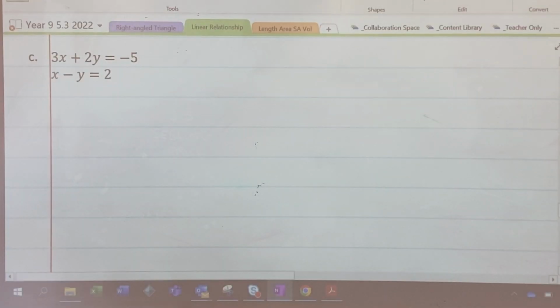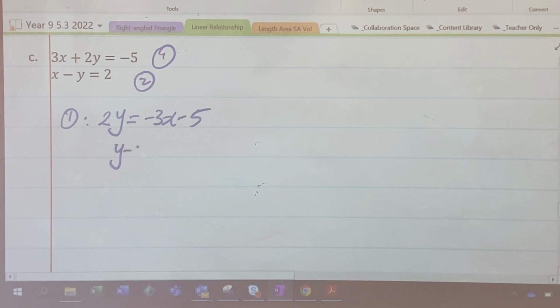So, first one. If I call equation 1, equation 2, equation 1, I need to change into y equals mx plus b. That skill we practiced from 2 weeks ago. Hopefully, we are pretty good now. It's basically changing y as the subject. Can you guys tell me what's the gradient from here? Y is equal to... What's the gradient?